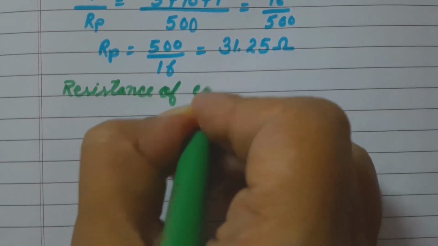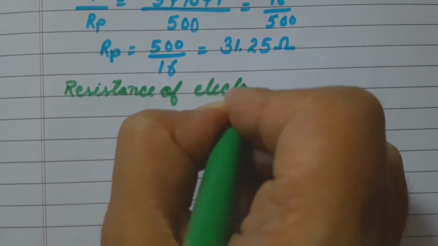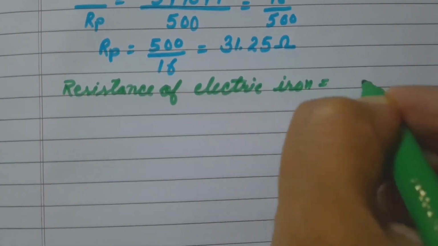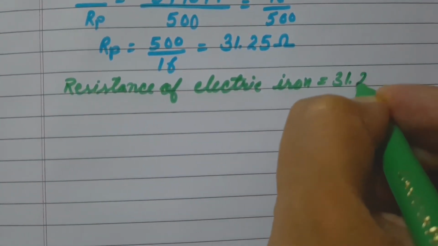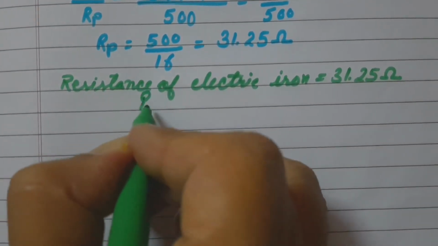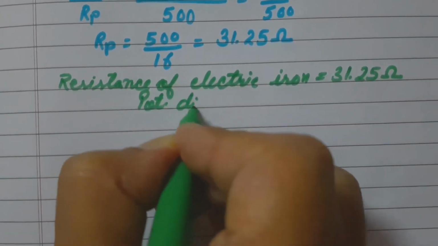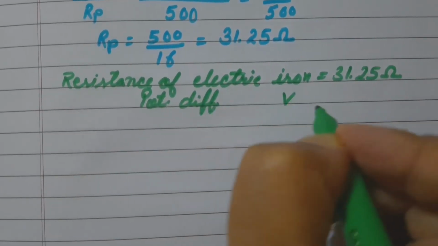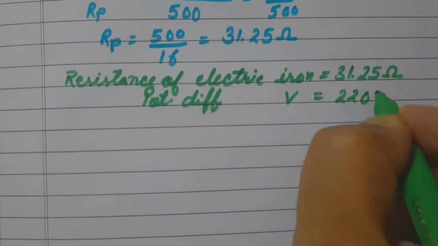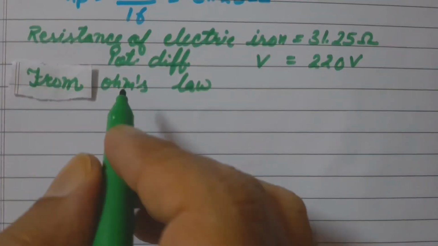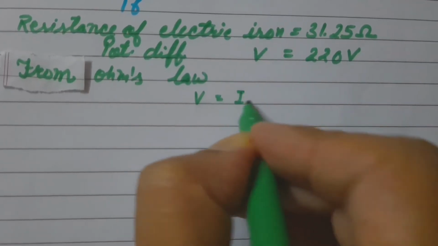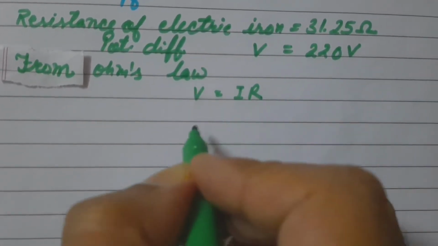Resistance of electric iron is 31.25 ohm. Potential difference V is equal to 220 volt. From Ohm's law, V equal to IR. We have to calculate current.